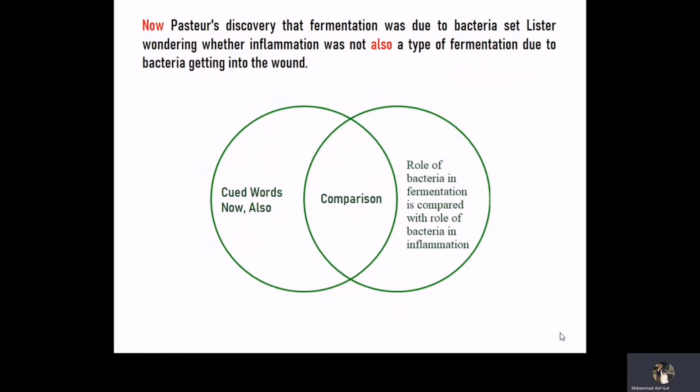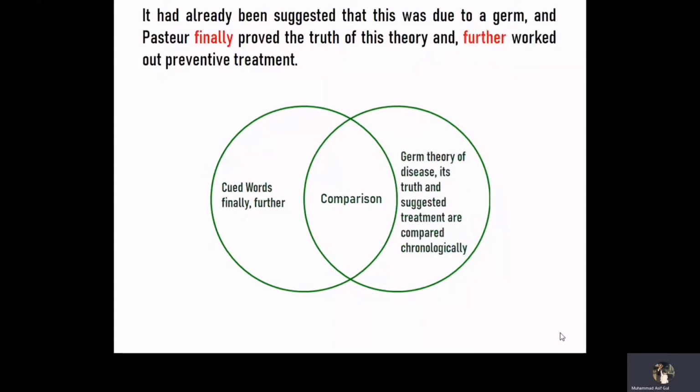Let's see our next slide. It had already been suggested that this was due to a germ, and Pasteur finally proved the truth of this theory and further worked out preventive treatment. We have two words here, finally and further, and they show comparison.